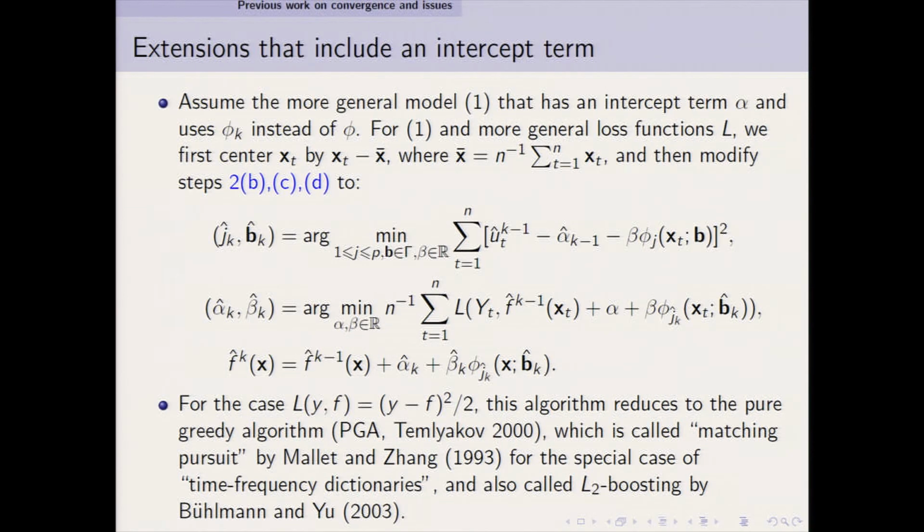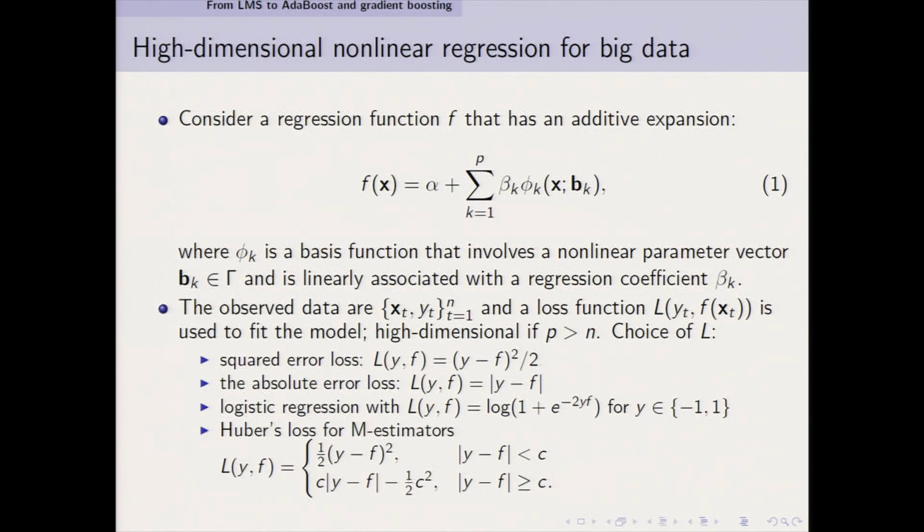Maybe I'll just go back. When Friedman formulated his model, every time you're just adding in phi, so in his model there's no alpha.